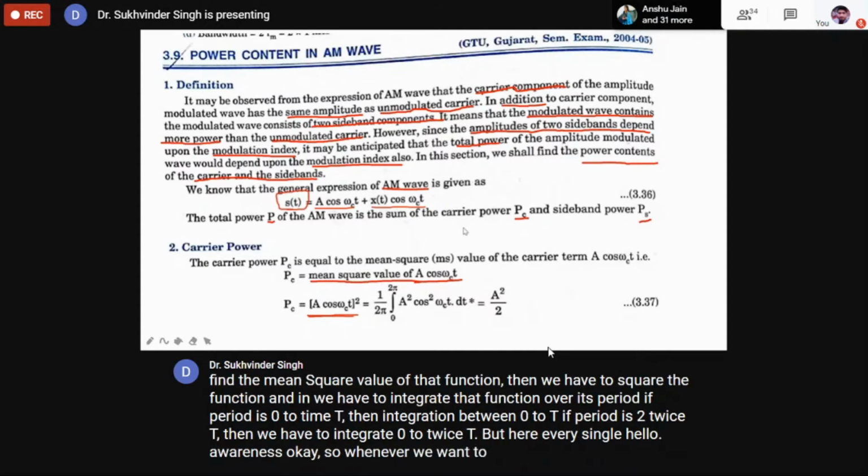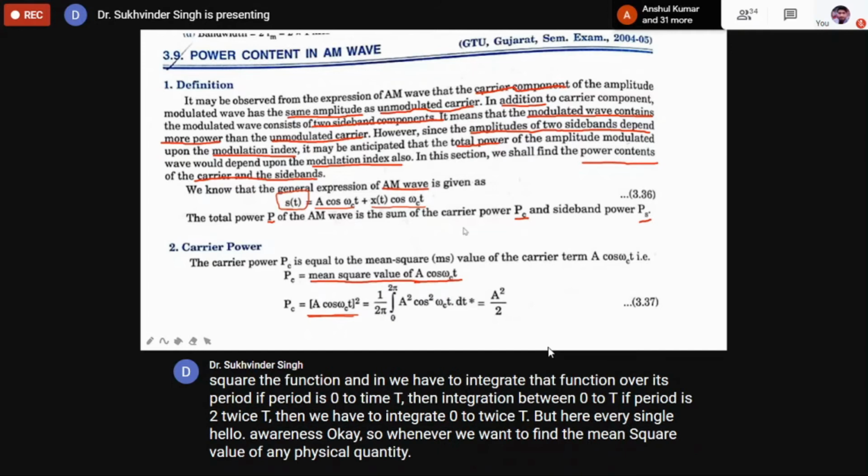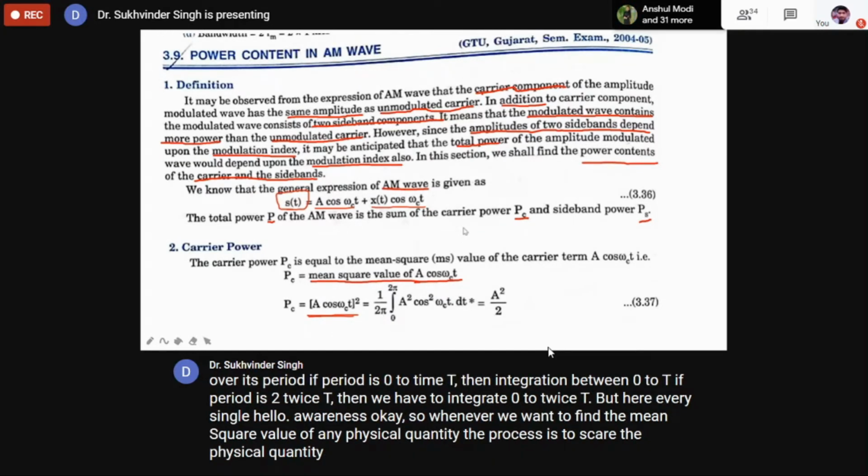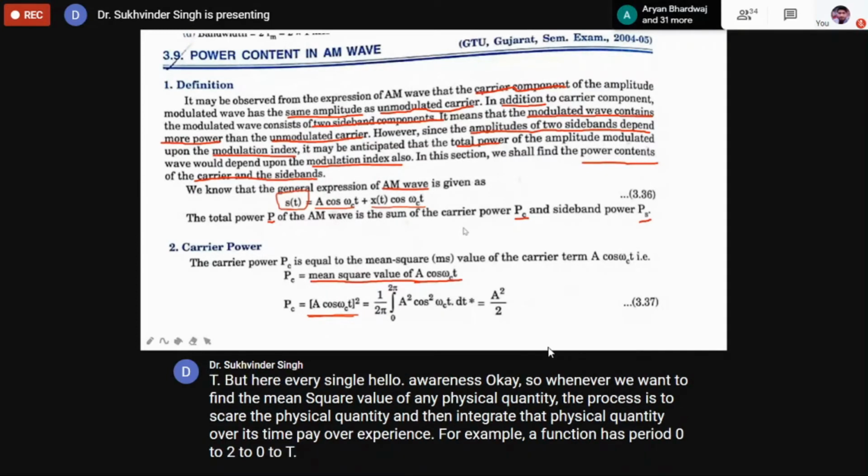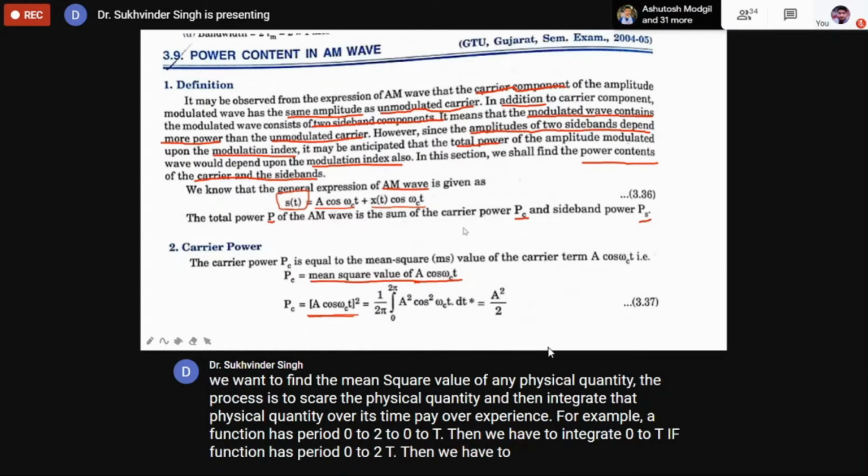Whenever we want to find the mean square value of any physical quantity, the process is to square the physical quantity and then integrate it over its period. For example, if a function has period 0 to t, then we have to integrate 0 to t. If the function has period 0 to 2t, then we have to integrate 0 to 2t.